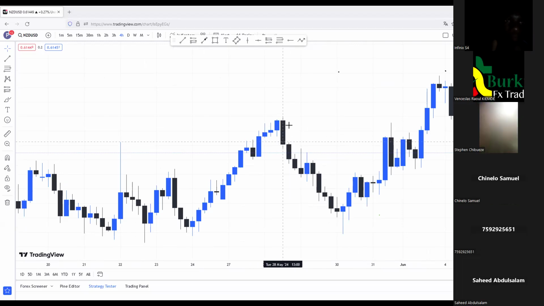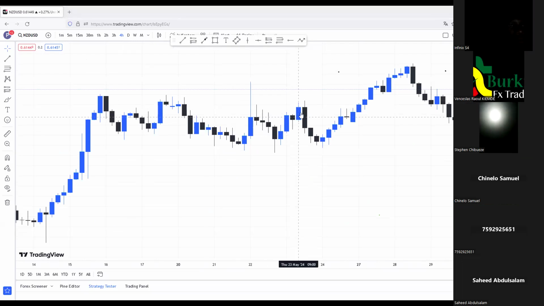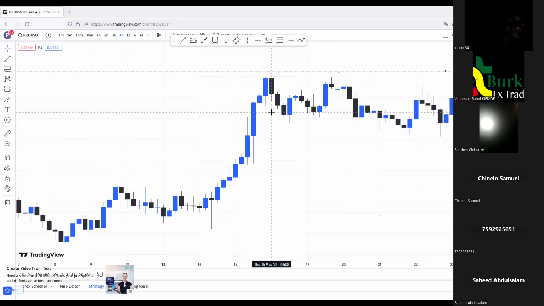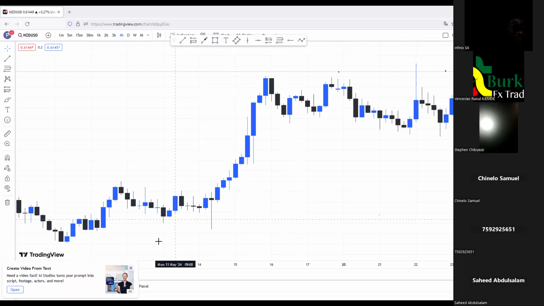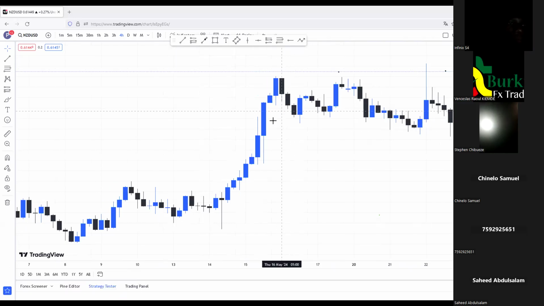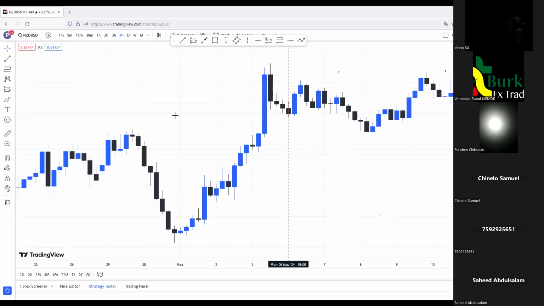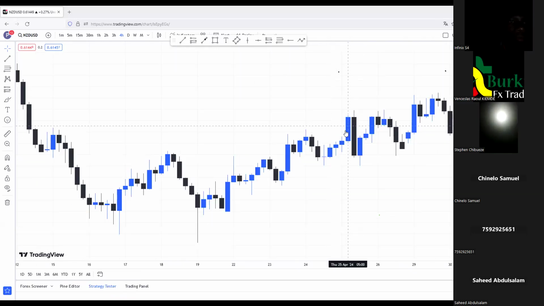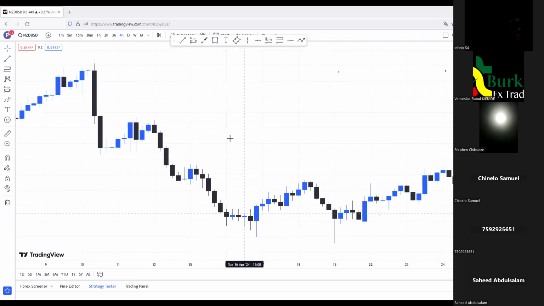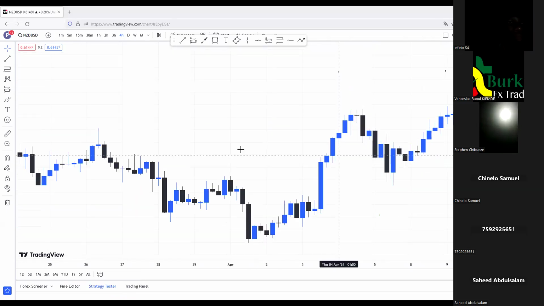So both are what we call a bearish engulfing, right? So this is also a bearish engulfing. This is a bullish engulfing. Bullish engulfing. This is a bearish engulfing. This is a bullish engulfing. Bullish engulfing here. So is it clear for everybody?